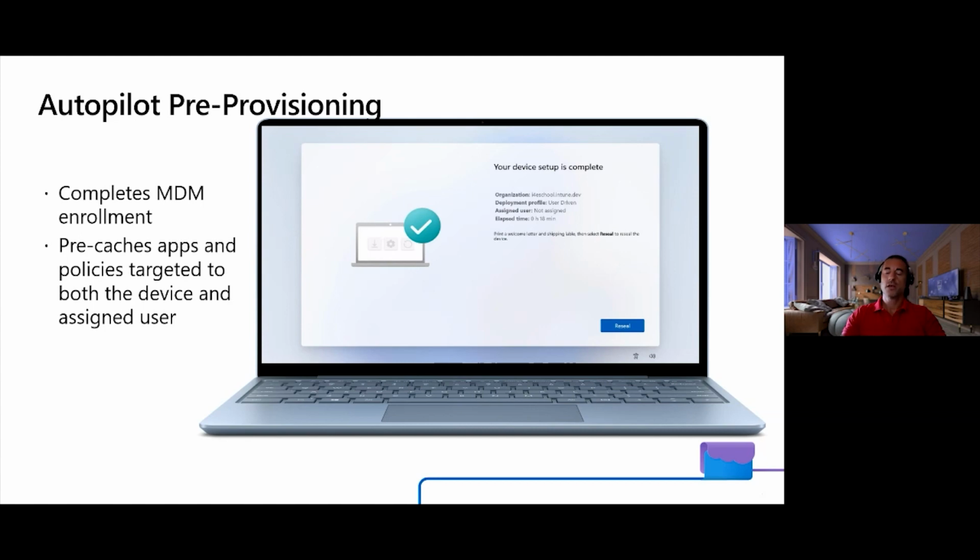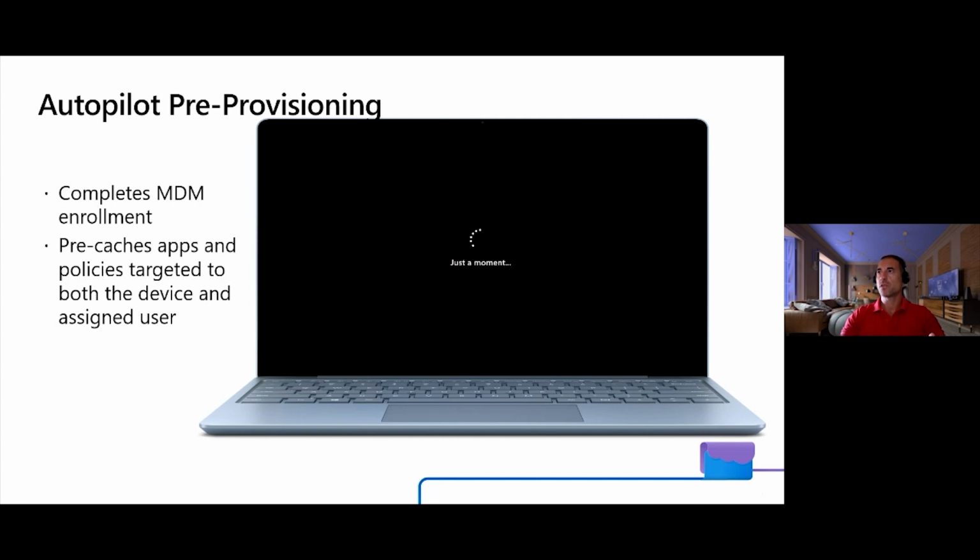In the case the device has been pre-assigned to a specific user, it will pre-cache all the apps and the policies that have been assigned to that specific user. Now the process is complete, the OEM or reseller or partner part has been completed, and the device can be shipped to the end user.